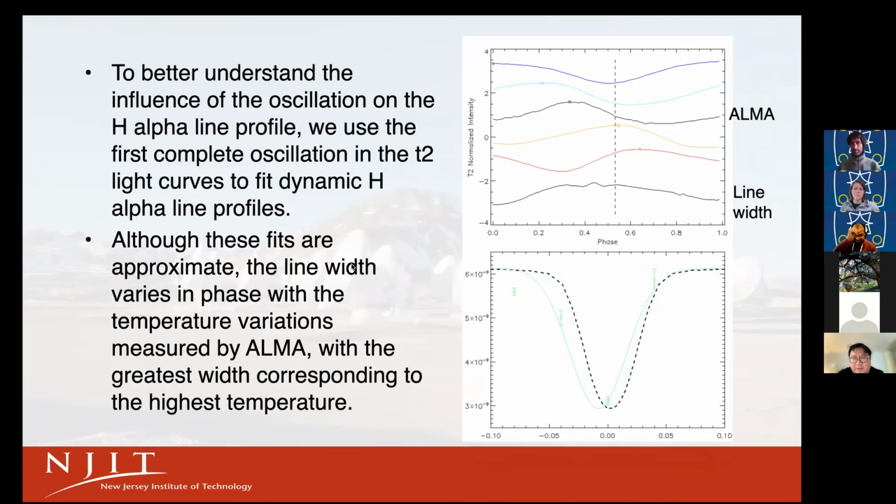Basically, to understand the influence of the oscillation, we use the first complete oscillation in T2 to fit a dynamic H alpha line profile. And you can see it matches closely the ALMA temperature variation with the line width of H alpha, which is basically related to the temperature at that particular height.